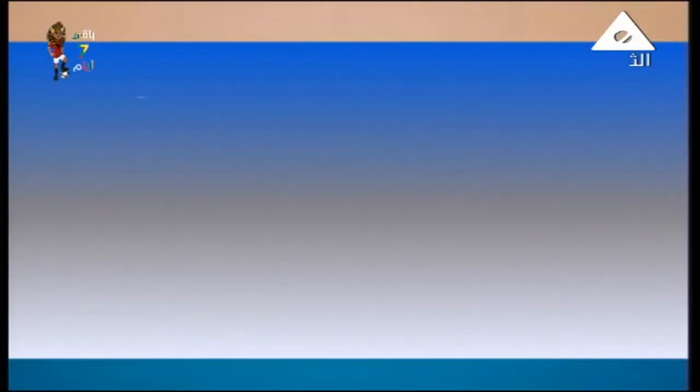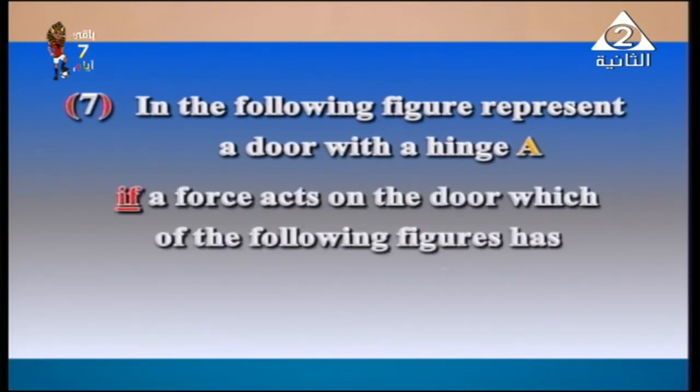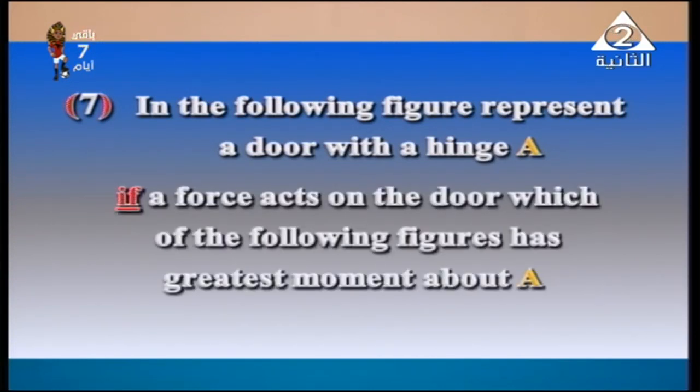My dear student, look at another example. The following figure represents a door with a hinge A. If a force acts on the door, which of the following figures has the greatest moment about A?